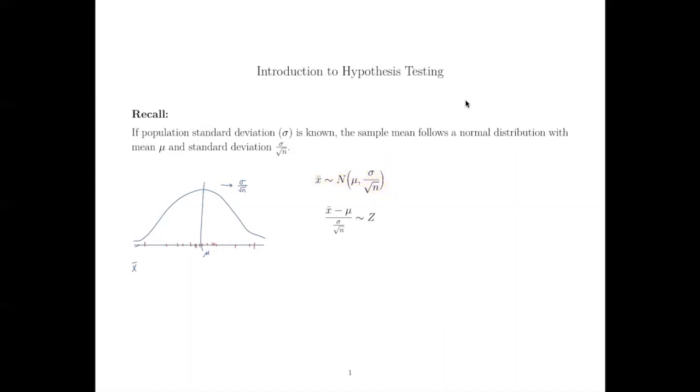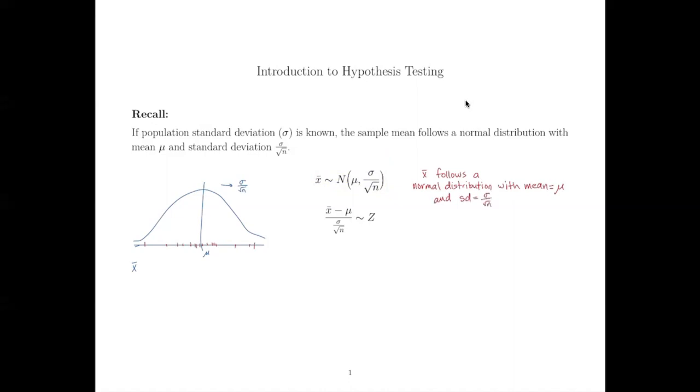This just means that x bar follows a normal distribution with mean equal to mu and standard deviation equal to sigma over the square root of n. That's all that that's saying.